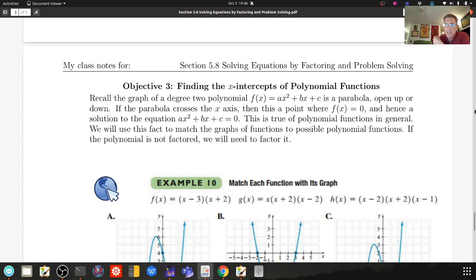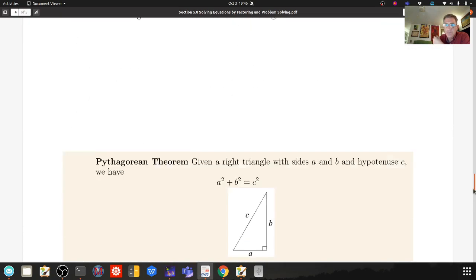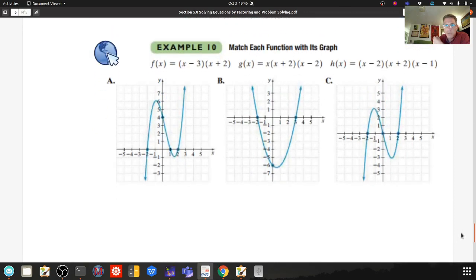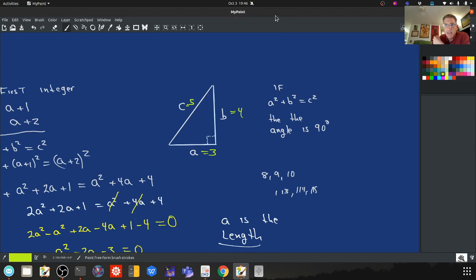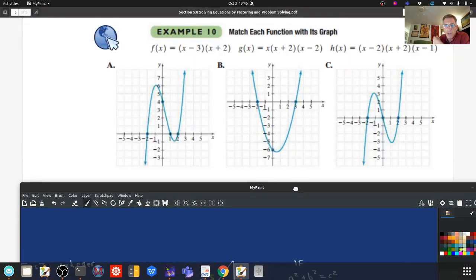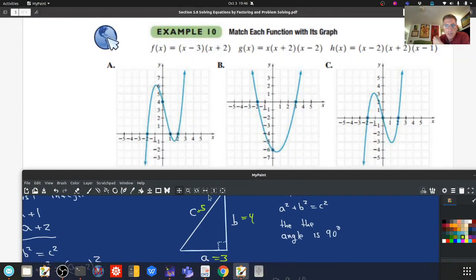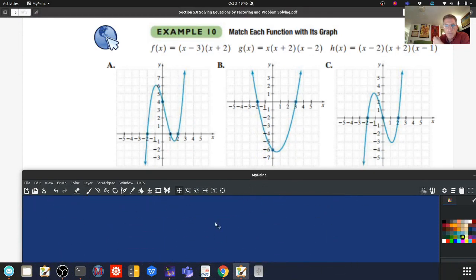So we're going to use this fact to match which graph could possibly be for which of the following polynomials. So we have f of x is equal to x minus 3 times x plus 2. To find out the x values where it crosses the x-axis, we just set it equal to 0.